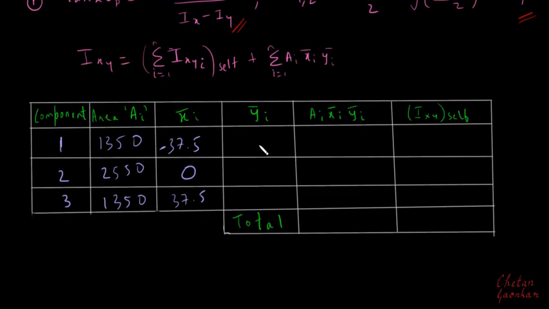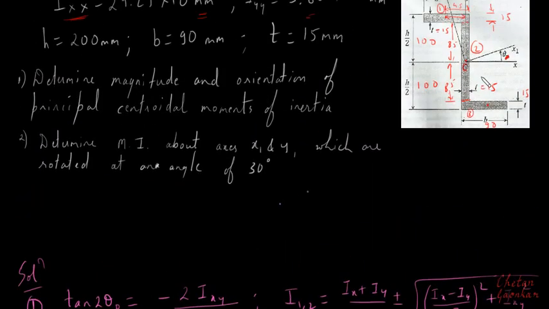Now let us find y bar. So y bar 1 will be the distance between the x-axis and the centroid of the first component, from this point to this point. From here to here it is 85, and from here to here it is 7.5.